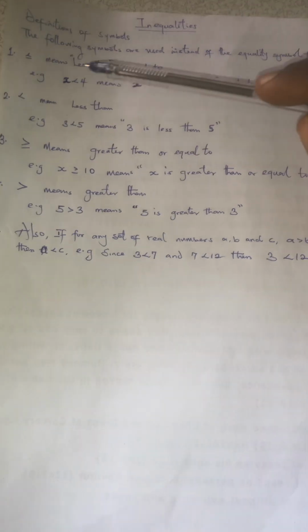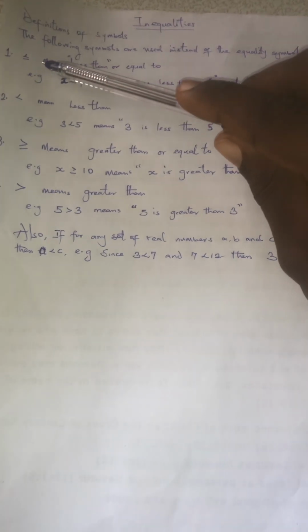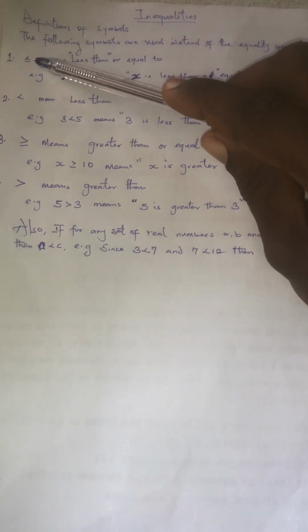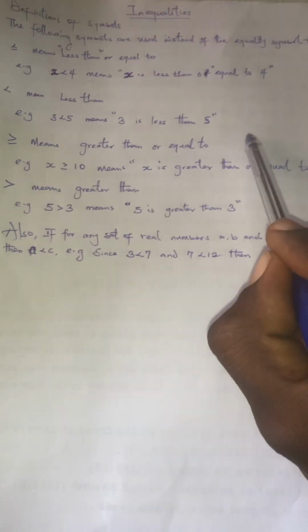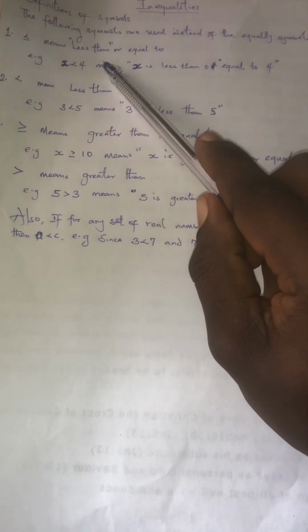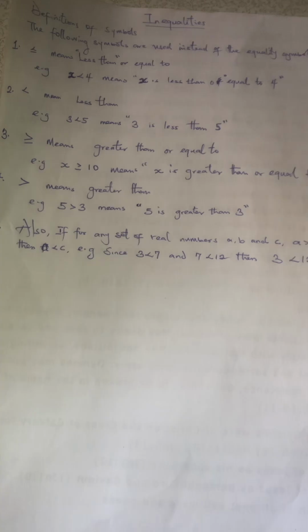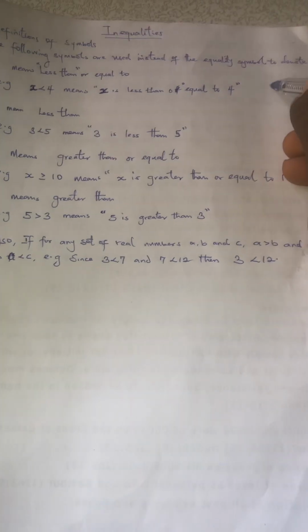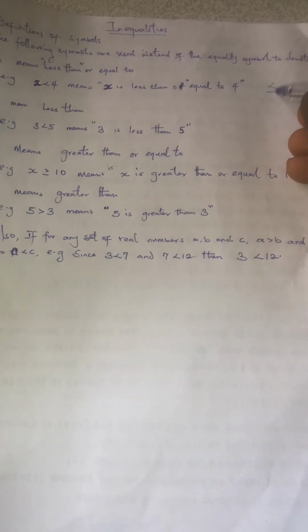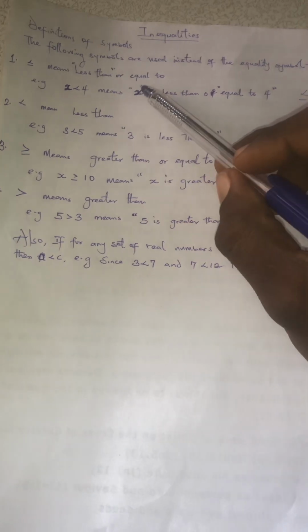Number one thing you need to know is this symbol. If you have something that is an arrow turning to the left with a line under it, it means less than or equal to. Anytime you have something in this form, it means less than or equal to.